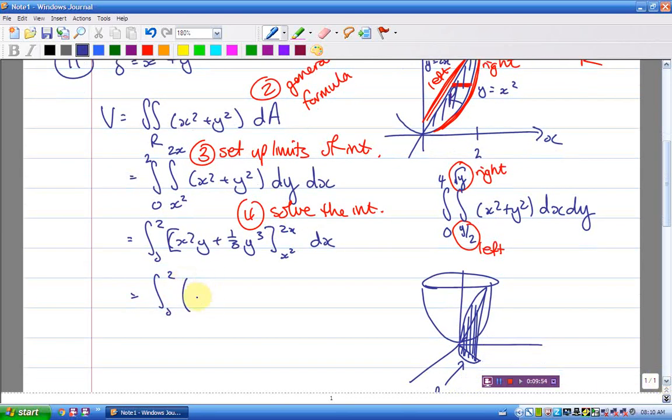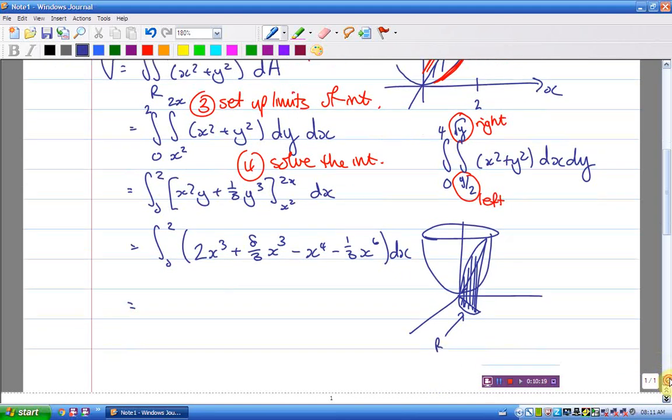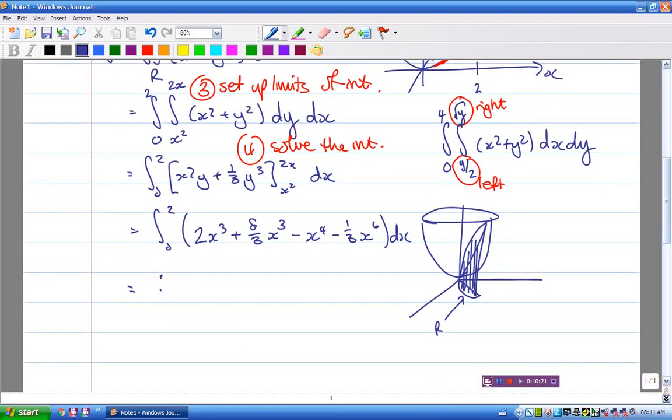Okay, that'll be 2x cubed plus 8 over 3 x cubed minus 1/3 x to the 6th. Let's use round brackets this time. Fix my brackets. dx. And then that's a polynomial integral, and no, I'm not going to do it.